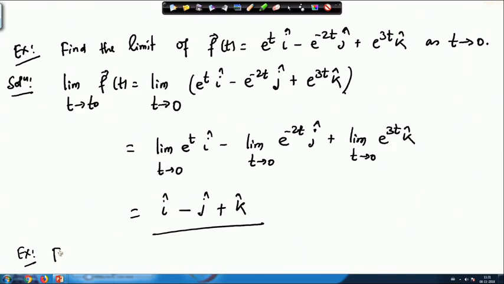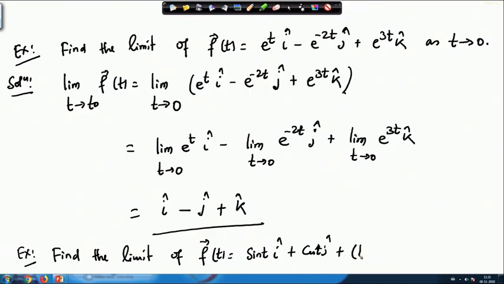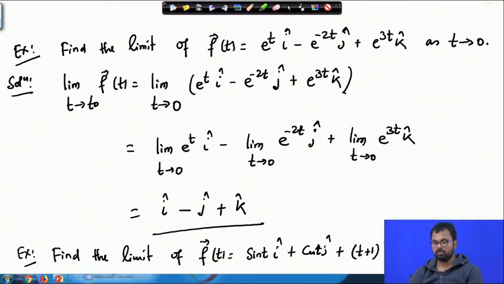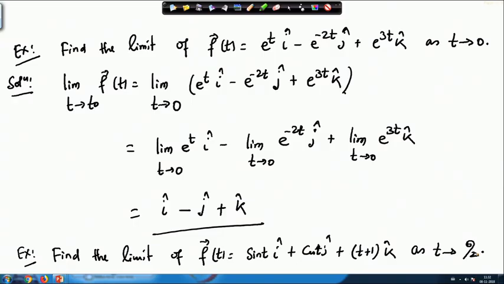For example, find the limit of, let us say, f(t) equals sin t i plus cos t j plus (t plus 1) k as t goes to pi by 2. When t goes to pi by 2, we pass the limit: this will be 1, this will be 0, this will be pi by 2 plus 1. So ultimately the answer will be i plus (pi by 2 plus 1) times k.